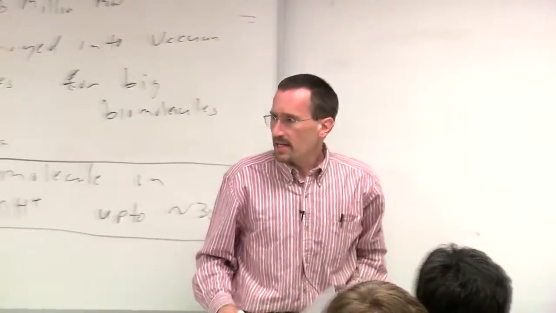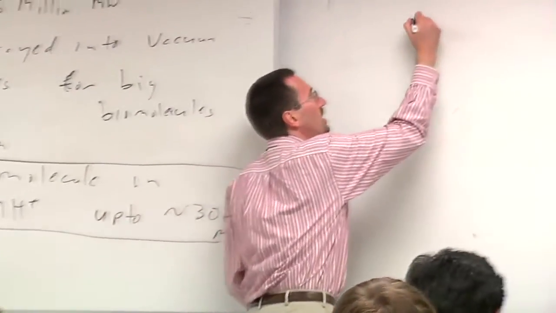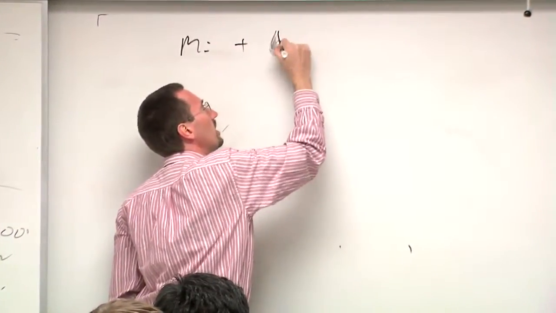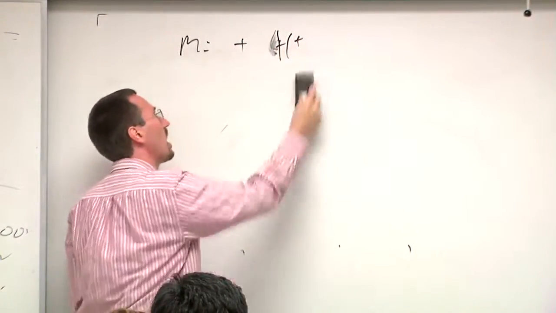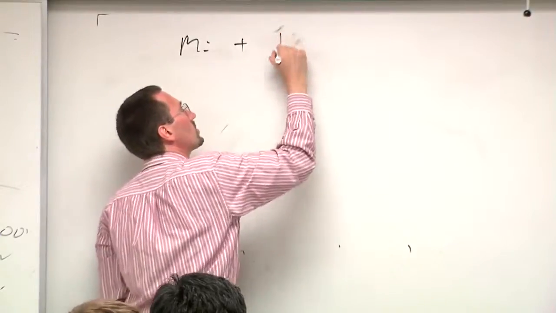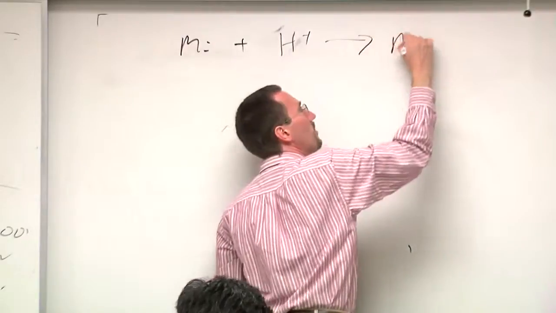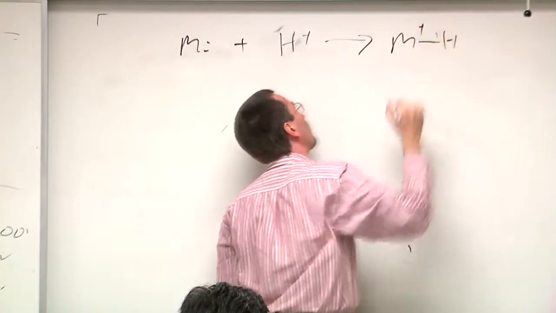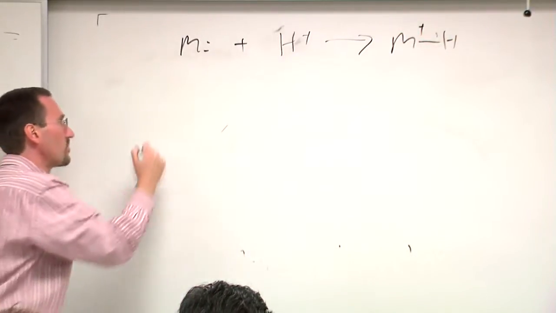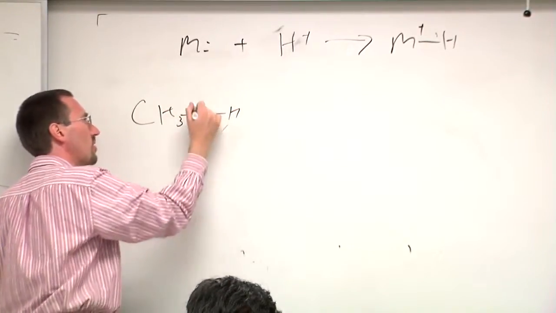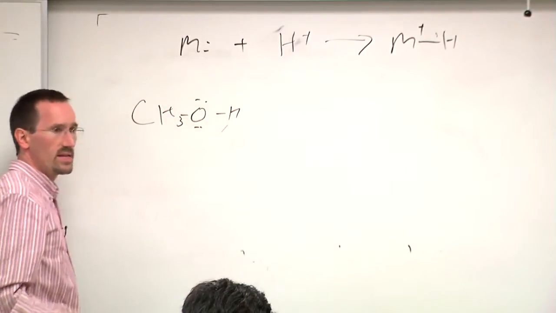So as I said, in these soft ionization techniques, what you're doing is taking the molecule and putting a proton on it, or a sodium ion, to give you MH+, for example. So I'll just give you two trivial examples. You wouldn't typically look at methanol, but it's a nice simple way to think about it.